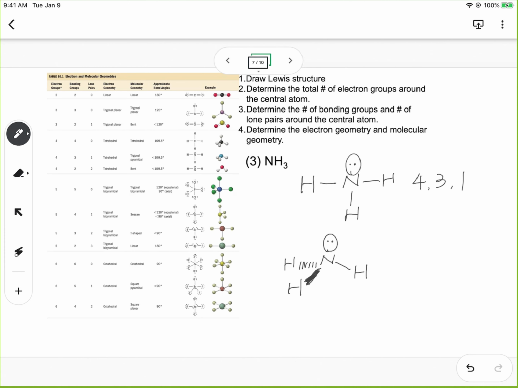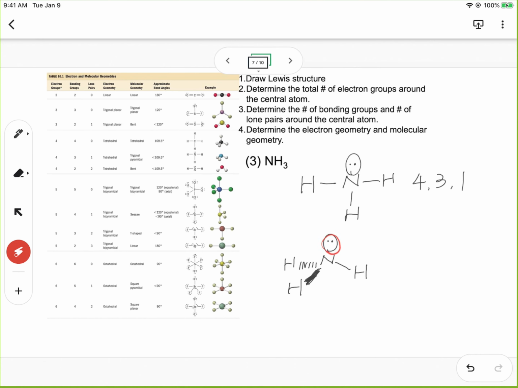identify the geometry. Now, I want to remind you about the bond angle. For a standard tetrahedral geometry, we know it's 109.5 degrees. But here, this bond angle is not going to be 109.5 degrees anymore. Why? It's because this lone pair occupies a little bit more space than a single bond.